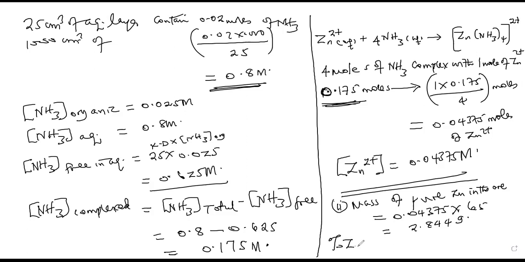So percentage of zinc is going to be equal to the mass of zinc in the ore, 2.844, over the total mass of the ore, 8, times 100%. Well, this is going to give us 35.55%. So that is what we get.